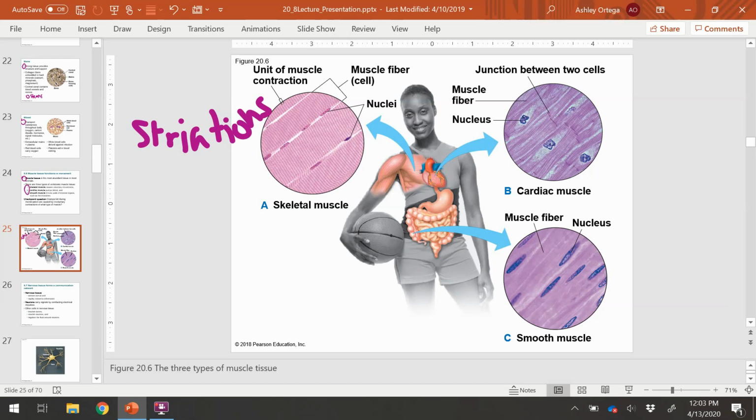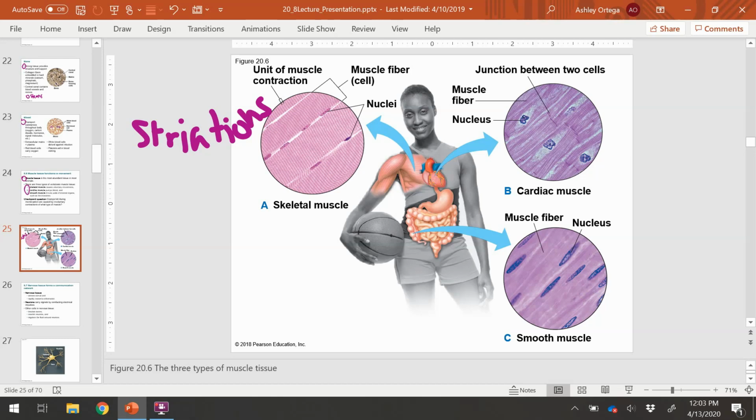And so these make up the protein units of actin and myosin that make these fibers up. And so the fibers make up pretty much the whole entire cell, and so the nuclei get squished along the side there. And so the muscle cells are usually very large cells.